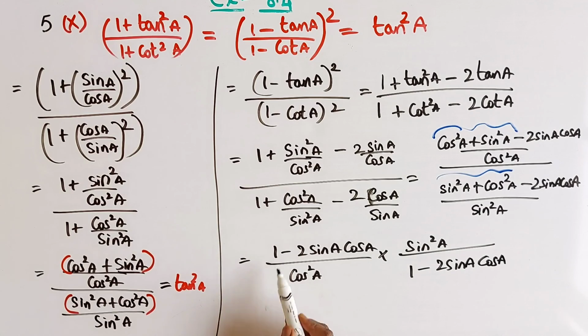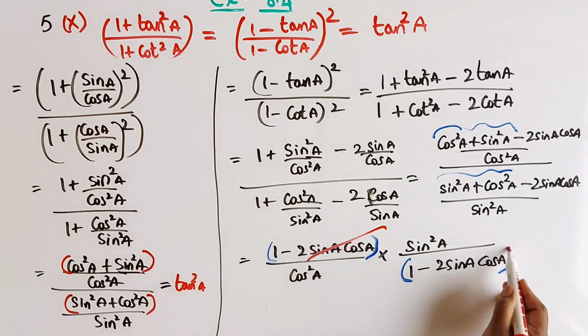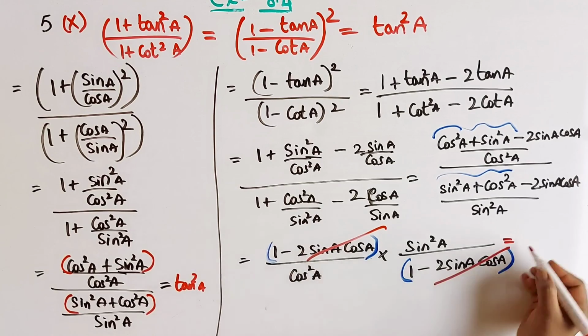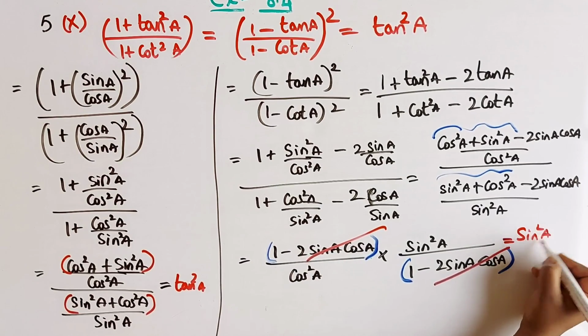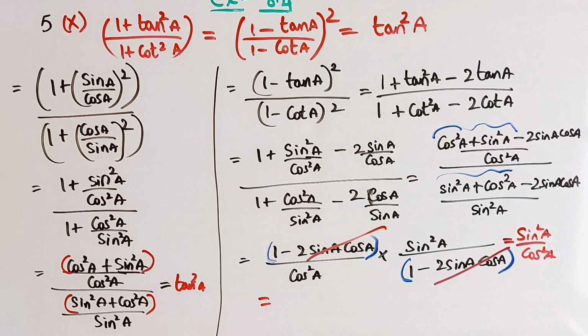Correct? Now see here, this is also 1 minus 2 sin a cos a and this is also 1 minus 2 sin a cos a. Now you can cancel these two. So what is the remaining thing? Sin square a by cos square a. That is nothing but (sin a by cos a) whole square. It is tan a whole square.